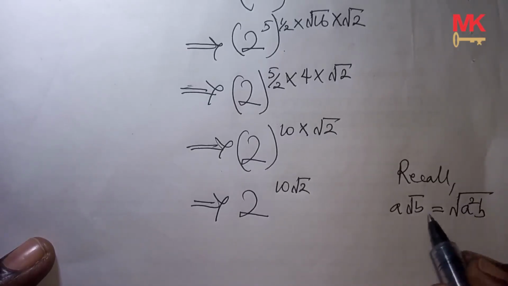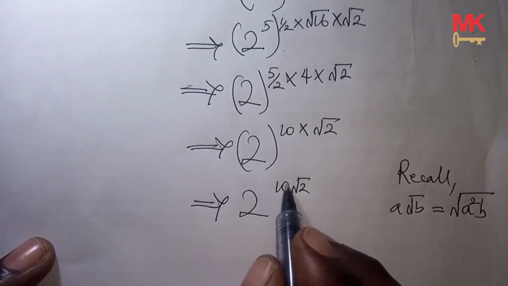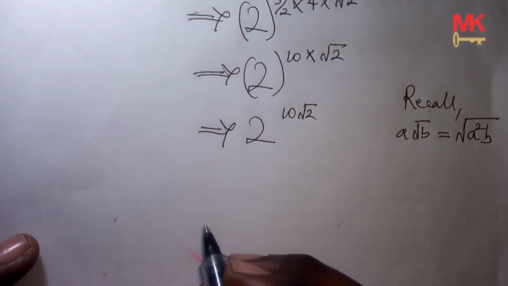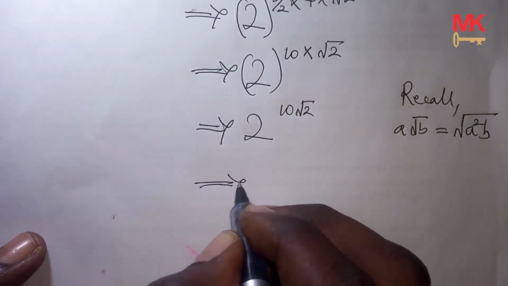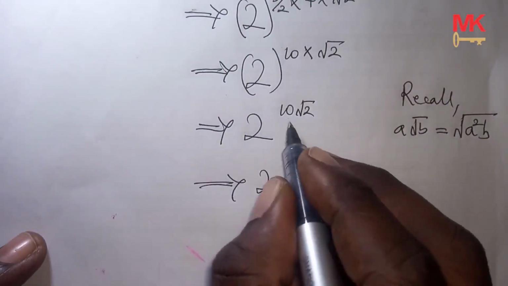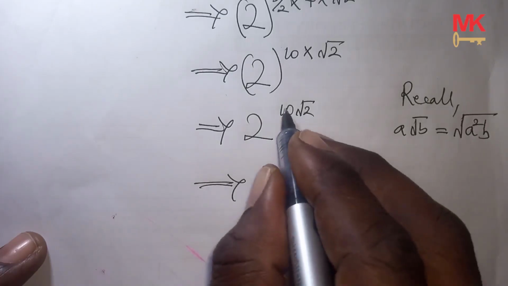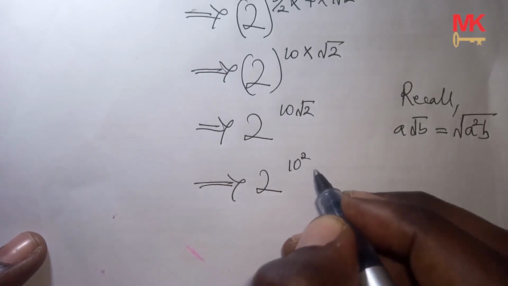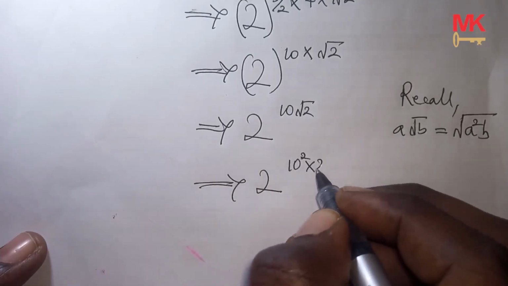So we're going to apply this law to this power here, and that implies 2 raised to power, as 10 goes in, it becomes 10 squared times 2.